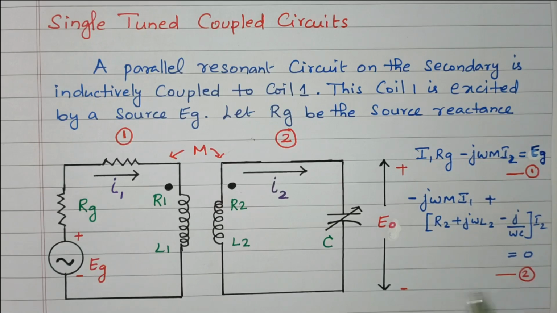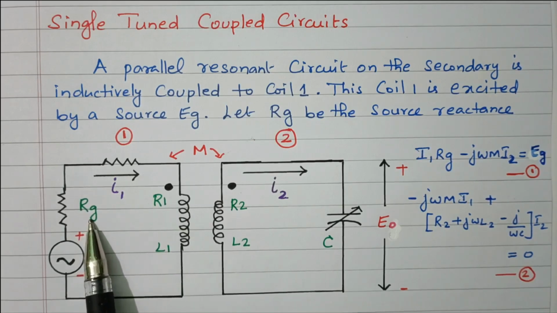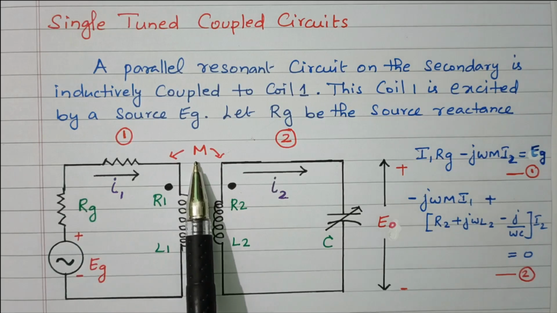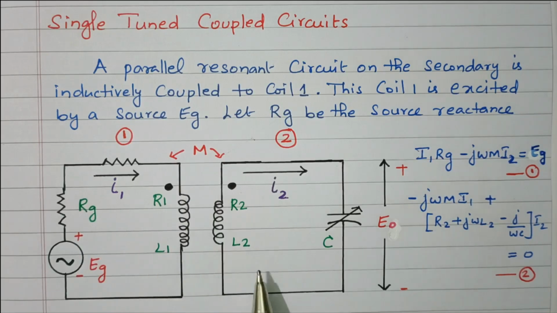Rg is very much higher, so we are neglecting R1 as well as L1. R1 and L1 are neglected because we assume that Rg is much higher. So Eg equals the drop across Rg minus the drop across the mutual inductance. In the secondary coil the voltage source is not available, so it is 0.